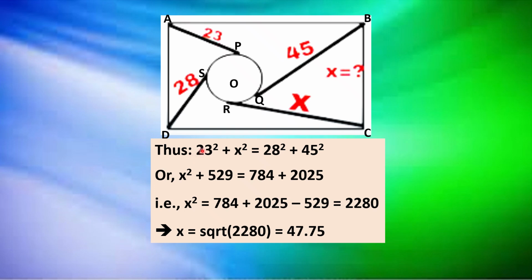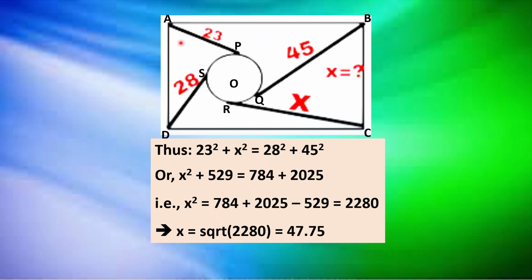So using that relationship, 23 square plus x square is 28 square plus 45 square, and simplifying, we get x square equal to 2280, x equal to square root of 2280 or 47.75.